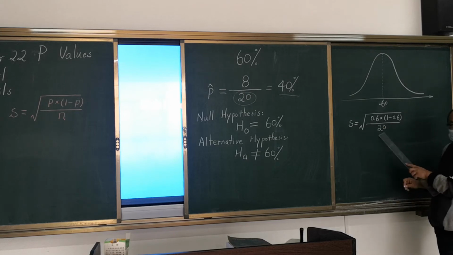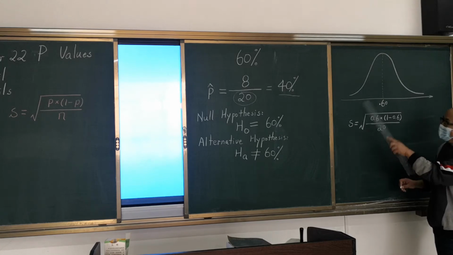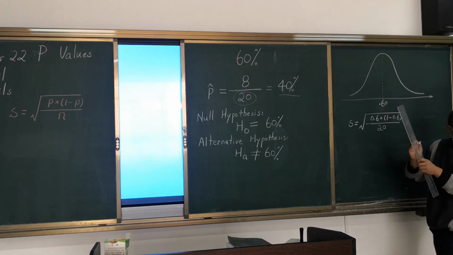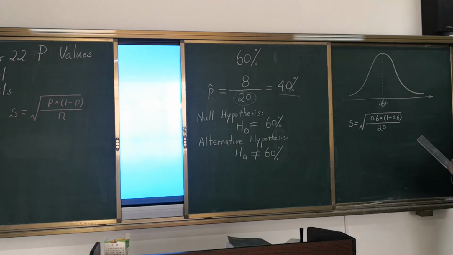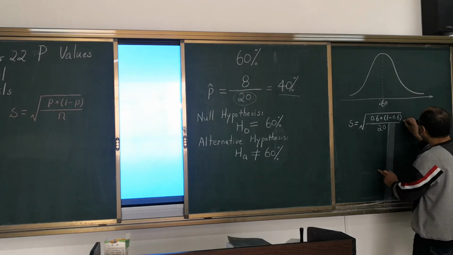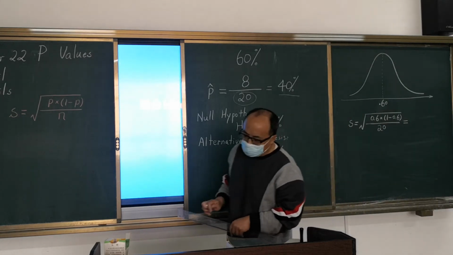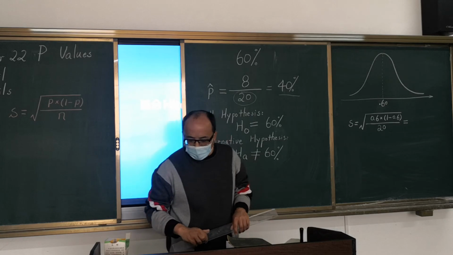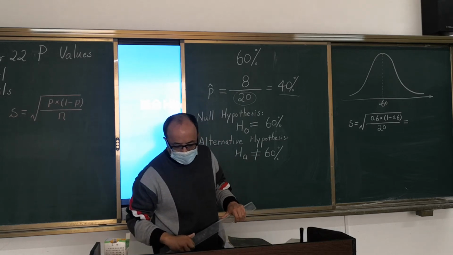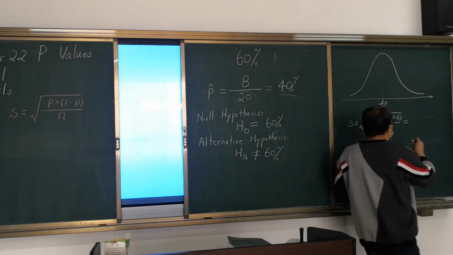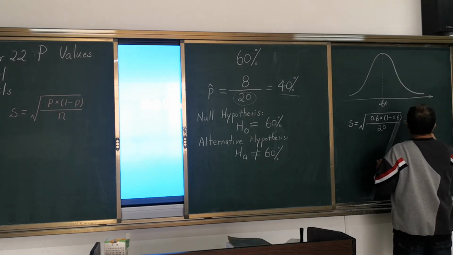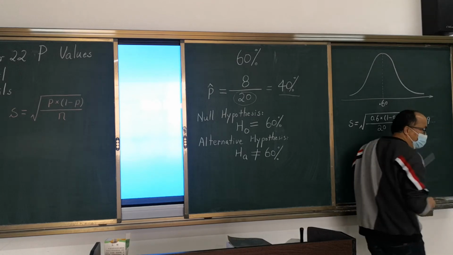Your question is not 20, okay? Because it's different, these will be different, and all the results will be changed. And the result is 0.109, something like that.